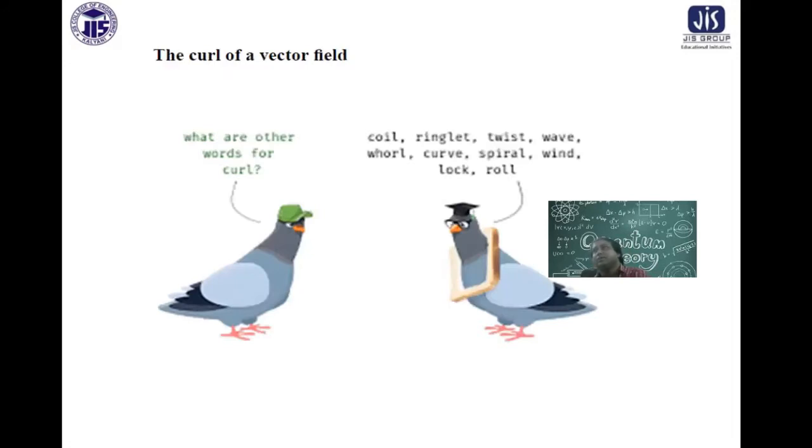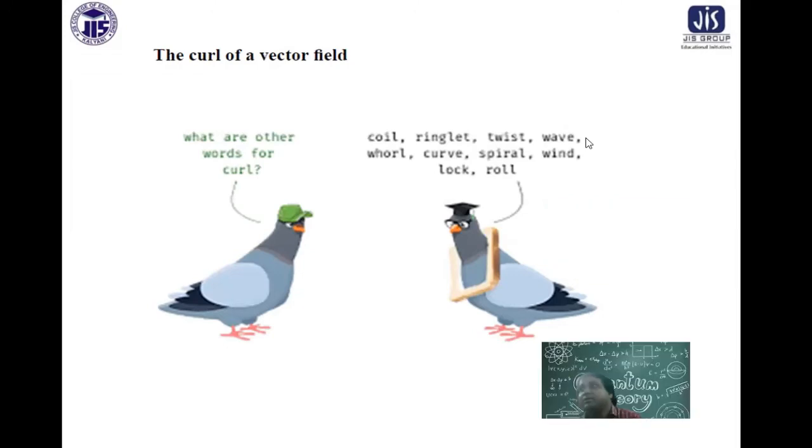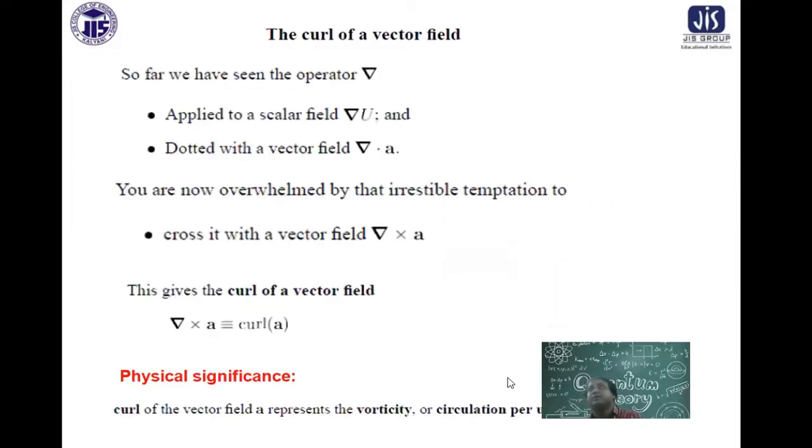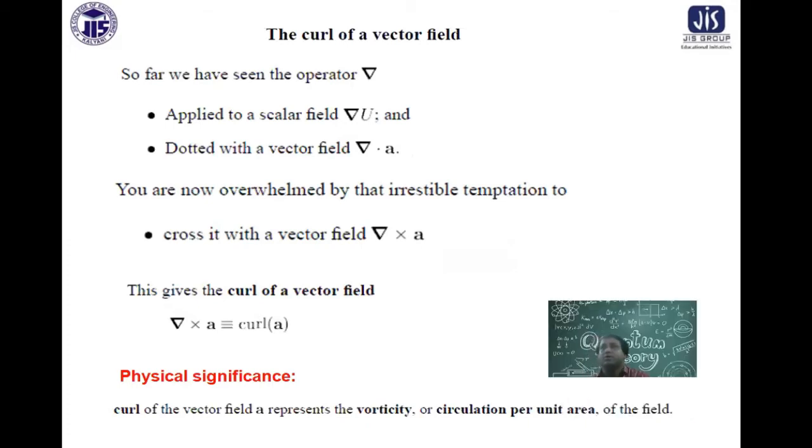Now curl is another vector calculus operation. Curl takes care of the rotation of a vector, just like divergence was taking care of the flow of a vector. The physical meaning of curl of a vector is basically the rotation or the vorticity of the vector. Suppose I have a velocity vector, and a fluid is flowing.